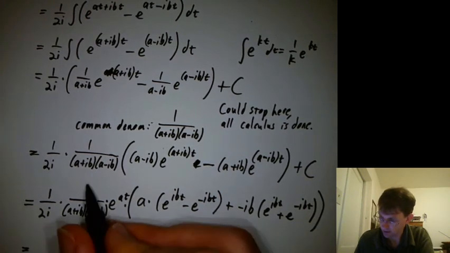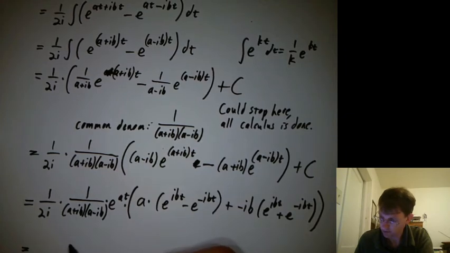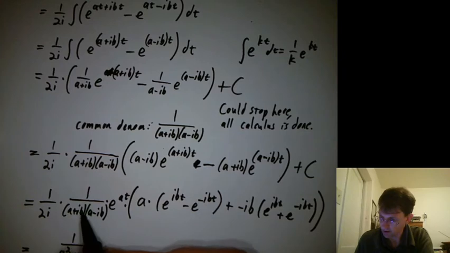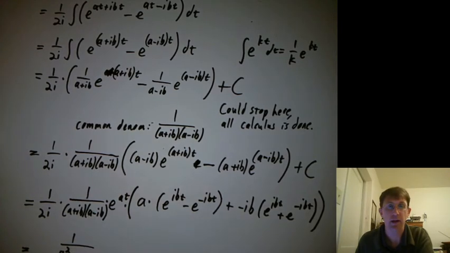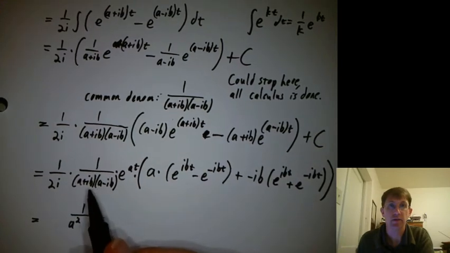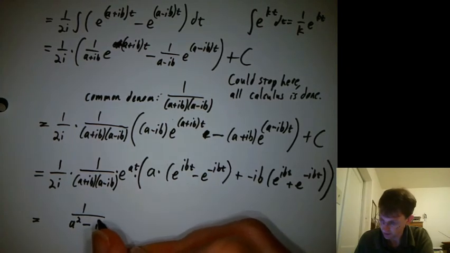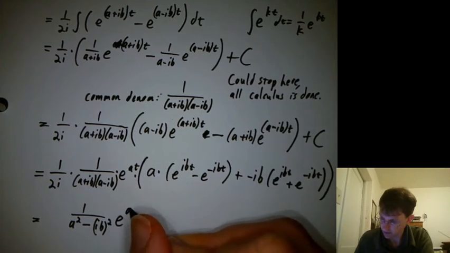Let's look at this term. It's a squared, and then a times minus ib, and then ib times a. So those terms cancel each other out, and then I have an ib times a minus ib. So I have a minus ib squared e to the at.